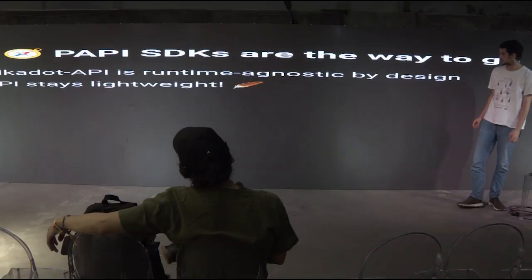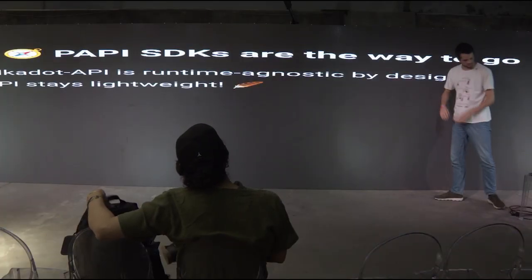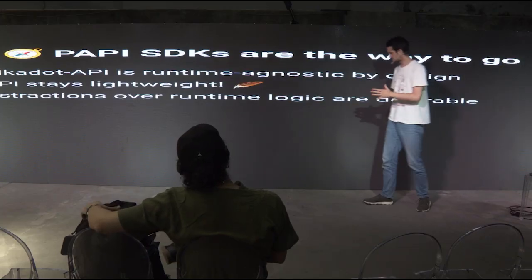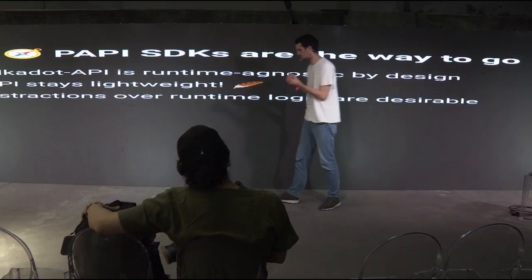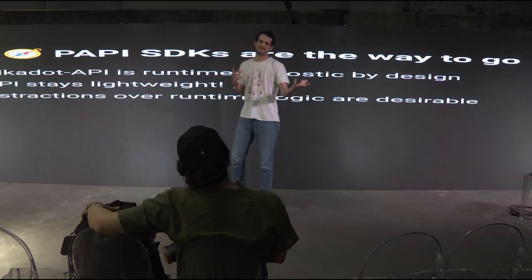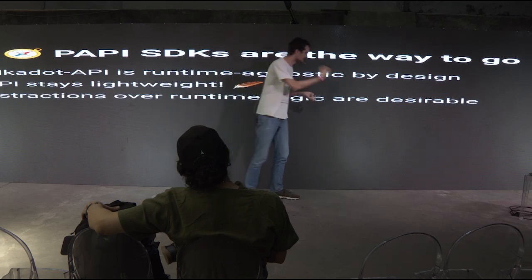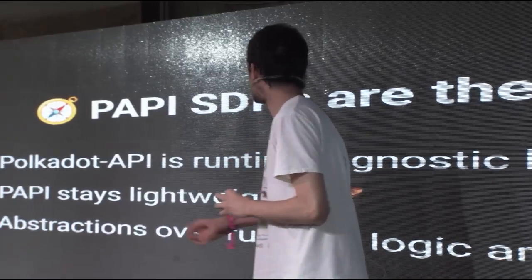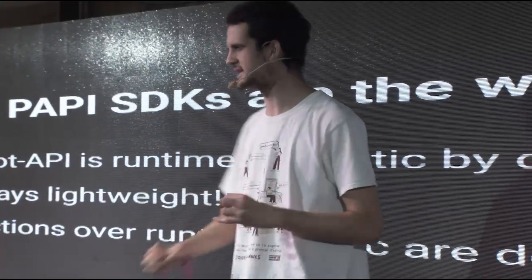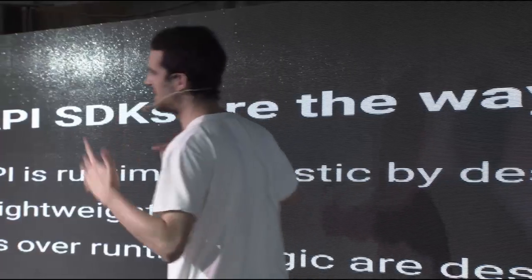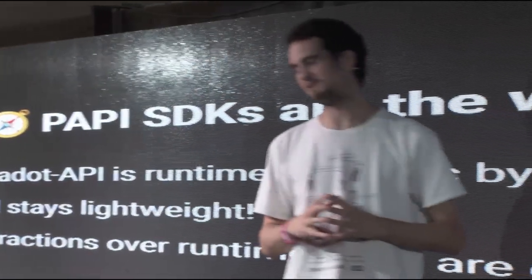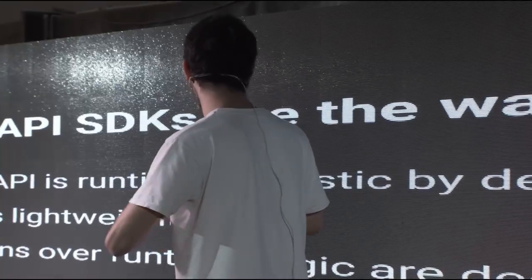Those abstractions are very important and actually very desirable because certain common interactions do not make sense to rewrite every time. Every time you create an app, you need to rewrite the same thing that you rewrote 100 times, which is the transferable balance of an account. I'm sure anyone who developed an app in the Polkadot ecosystem wrote that code.